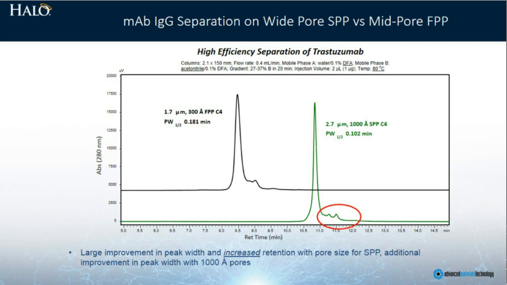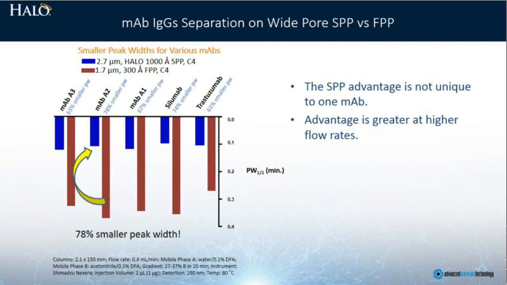Now, this effect is not specific to this particular IgG1. In fact, when we look at a larger range of IgG1s, we see that this is a general effect. In this plot shown on the left-hand side, smaller peak width is better. Narrower peaks are clearly better. We're comparing a 300 angstrom sub-2 micron fully porous particulate material to the 1,000 angstrom superficially porous particle material, and clearly the peak widths are better for every IgG1 that you look at.